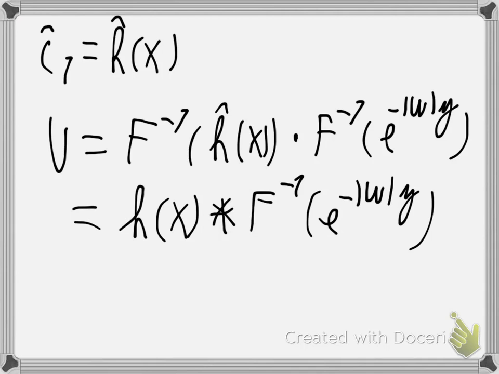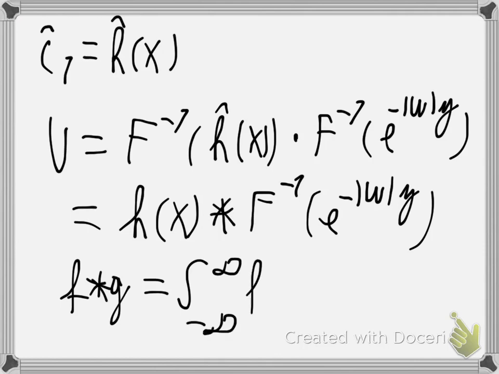Just so that you know it, the convolution of two functions f and j is equal to the integral from minus infinity to infinity of f of tau times j of t minus tau d tau.